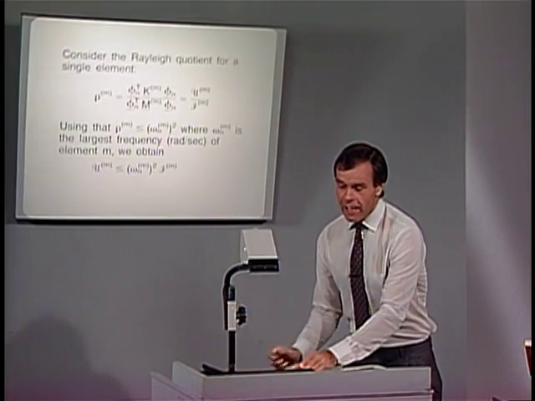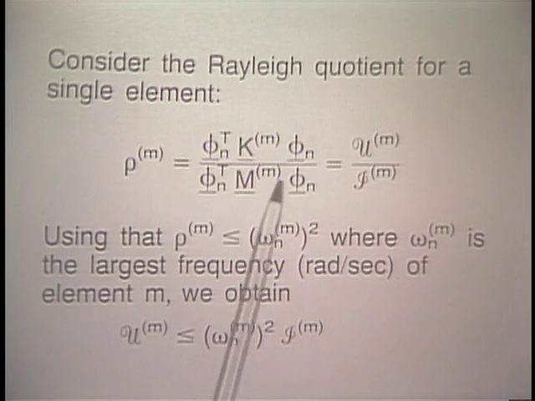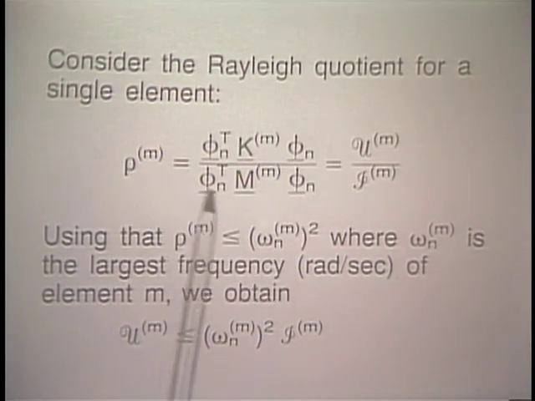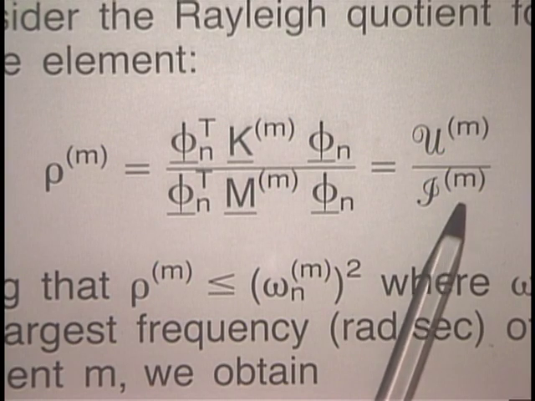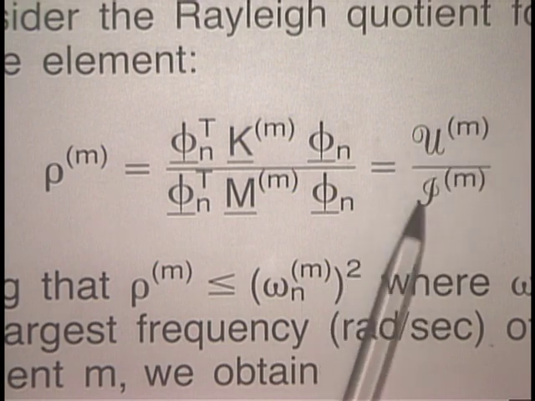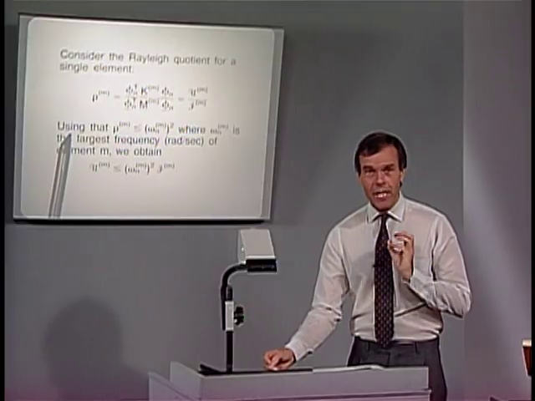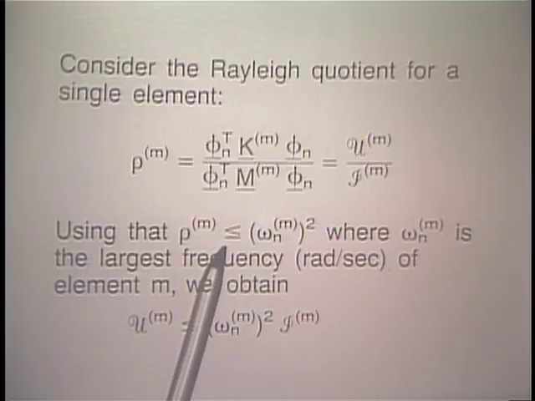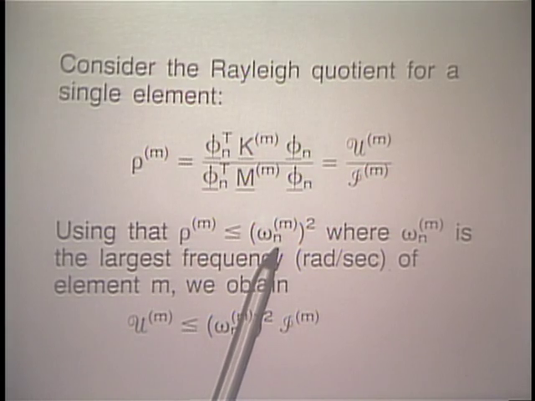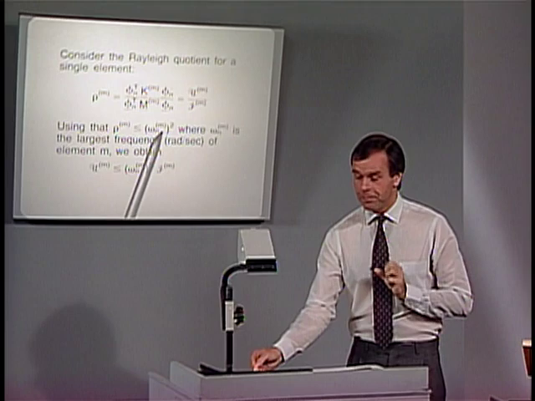If we now look at the Rayleigh quotient for a single element, we can say that rho m is given by this relationship, which, using our definition of um and im, is nothing else than this relationship here. However, we can immediately recognize that rho m, this value here, must be smaller or equal to omega nm squared, where omega nm is the largest frequency, radian per second, of the element m.